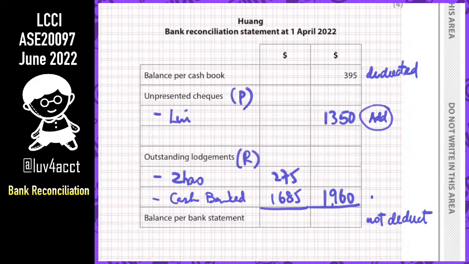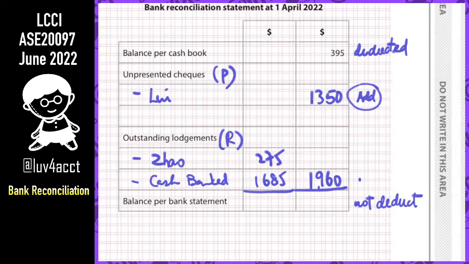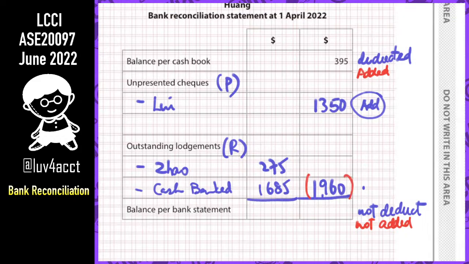And for the same reason, for receipts, in our books we have already added to our bank balance, because we have received the money and taken the cash to the bank, so it's recorded in our own record, this is added. But here it is not added. So added to not added, we have to take it away.